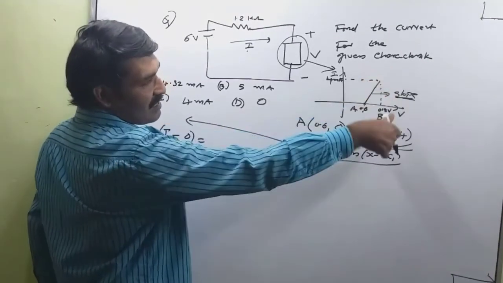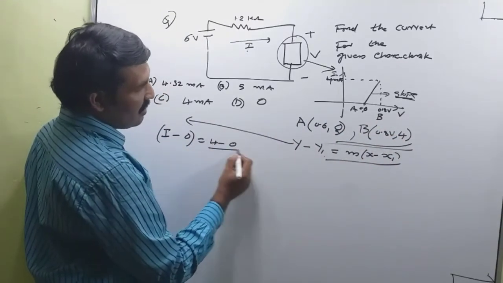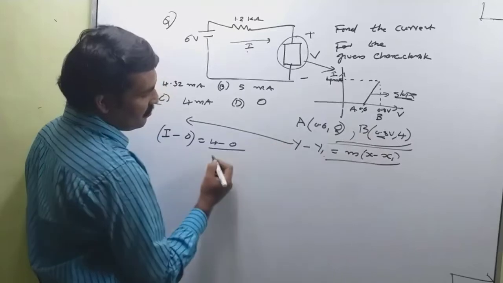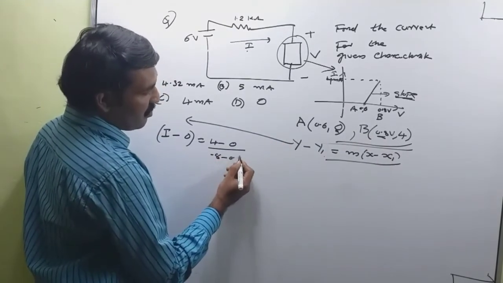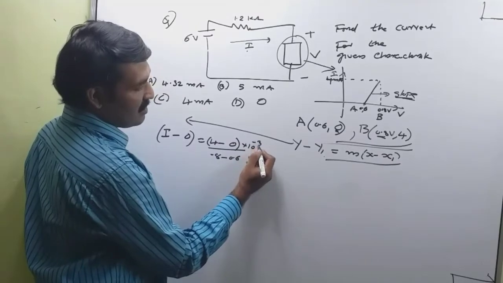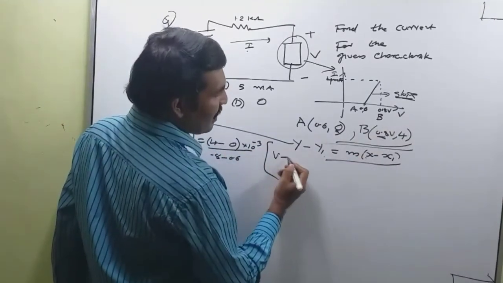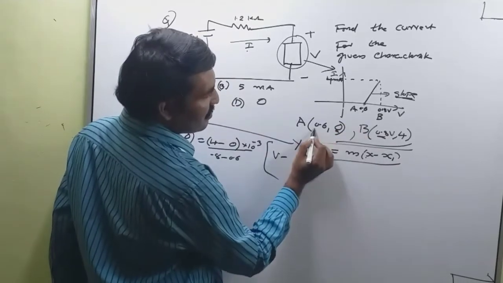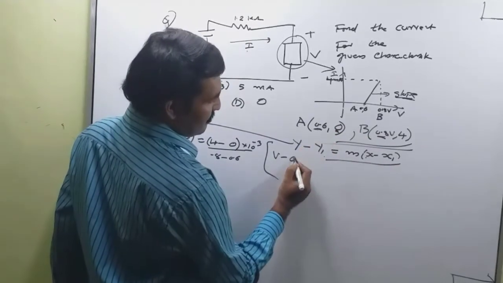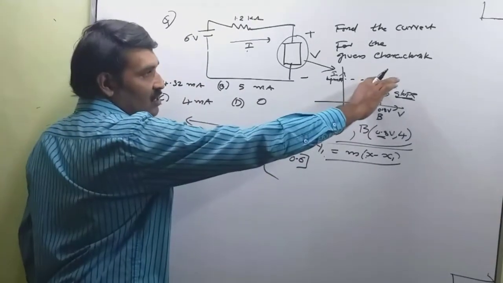Y difference by x difference, that is 4 minus 0 divided by 0.8 minus 0.6. Here 4 is in milliamps, so into 10 raised to minus 3, into V minus V1, where V1 is 0.6. So this is the equation of this straight line.